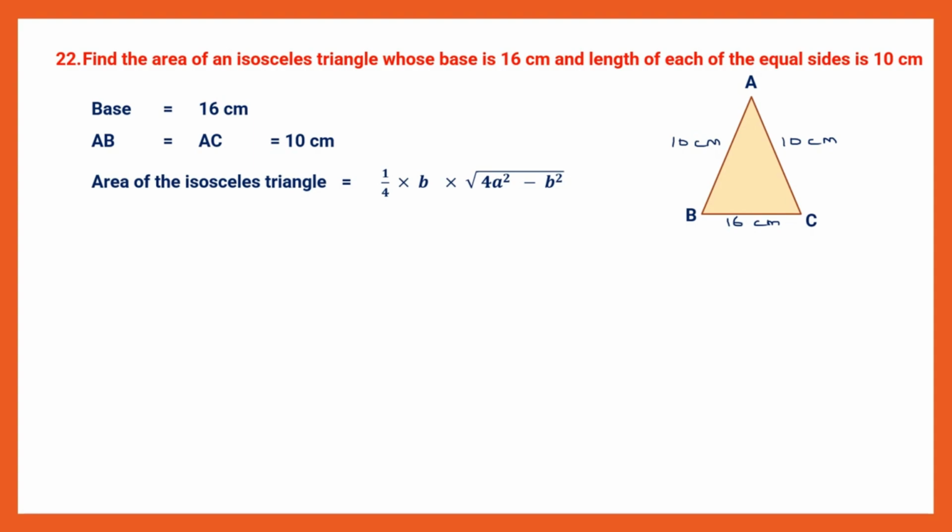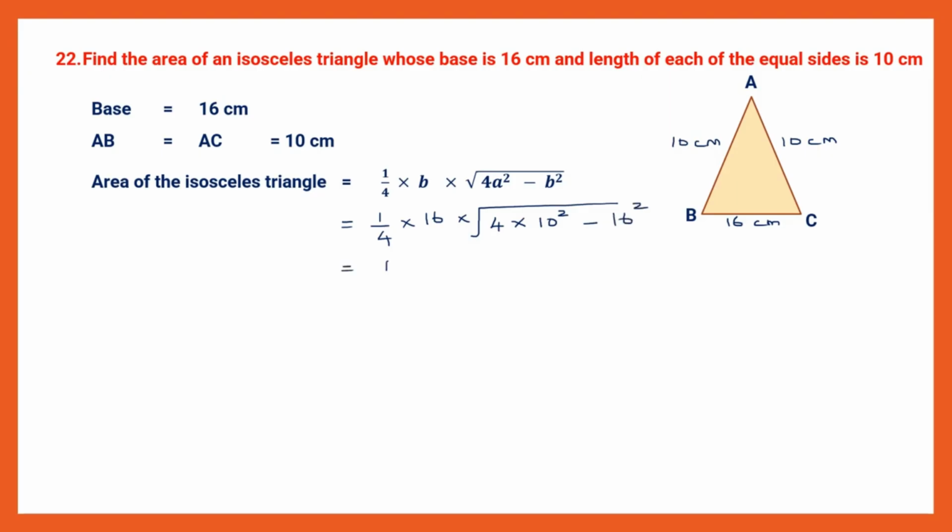So let's substitute the values and see. Here we have 1 by 4 into the base, which is 16, into the square root of 4 into A square, which is 10 square, minus B square, which is 16 square.